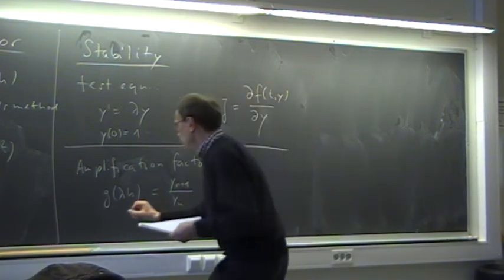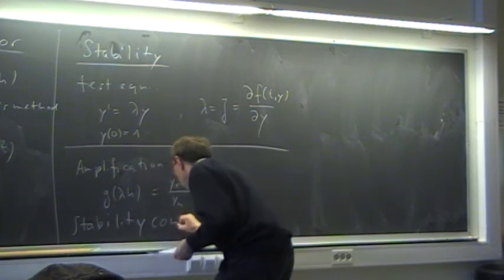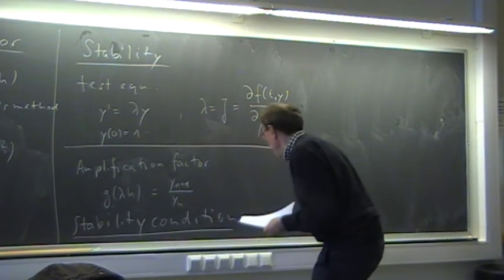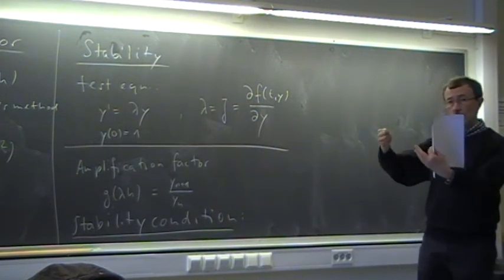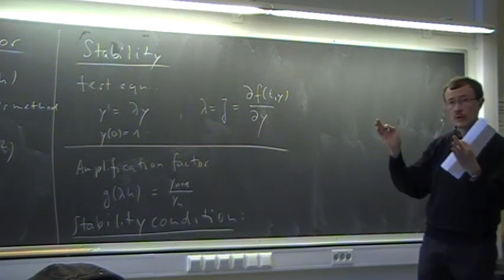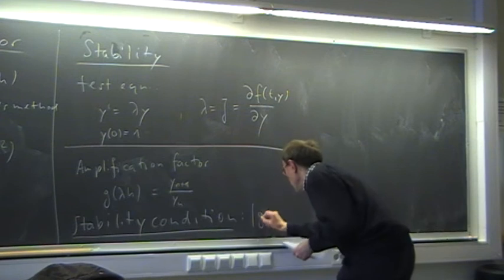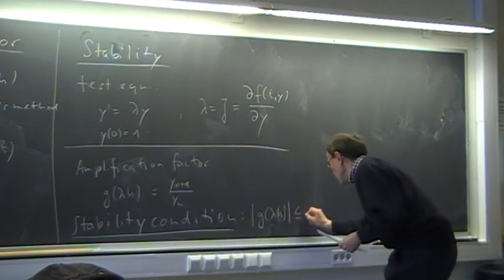The stability condition: once we have the amplification factor, we have to multiply the solution with that factor each time. If we want that bounded, it's clear that its absolute value has to be smaller or equal than 1.